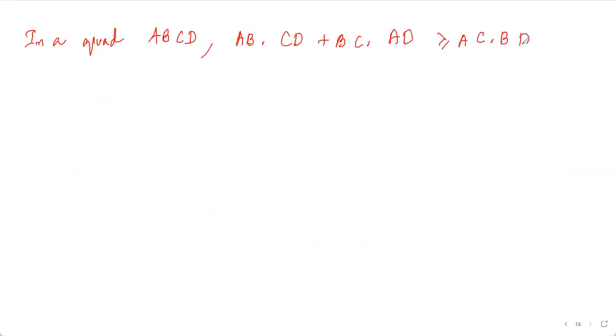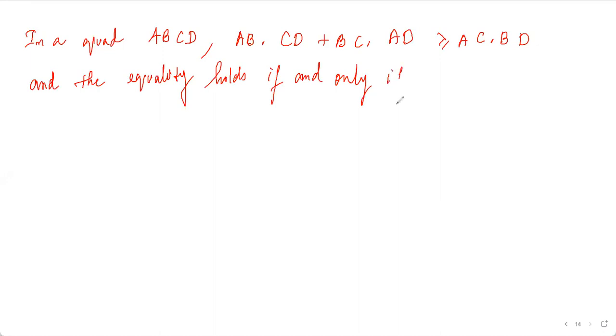In a quadrilateral ABCD, AB times CD plus BC times AD is greater than or equal to AC times BD, and the equality holds if and only if ABCD is cyclic.